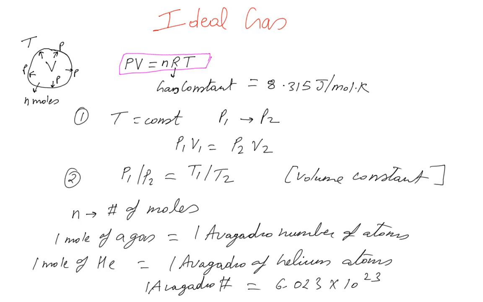So let's say you have some volume V, and it is filled with helium. I think I'm a little confused about this number, but you can always check this. I think it's 6.023 multiplied by 10 power 23.